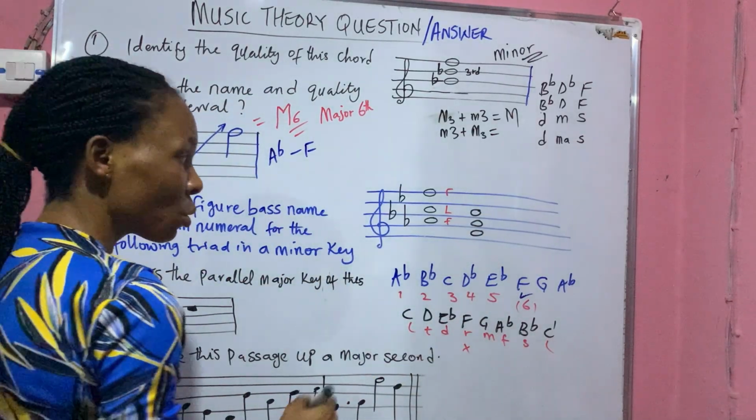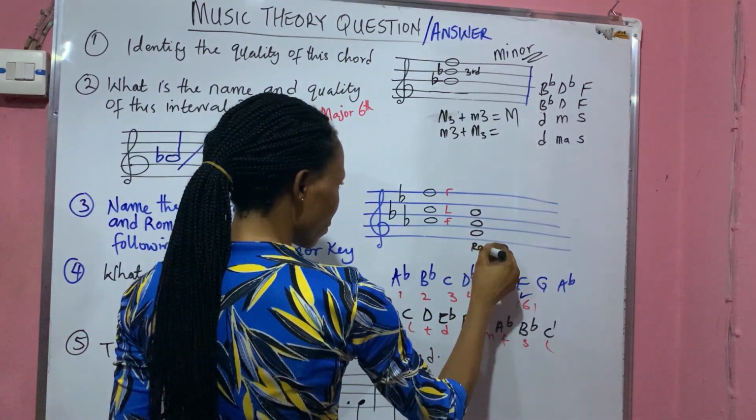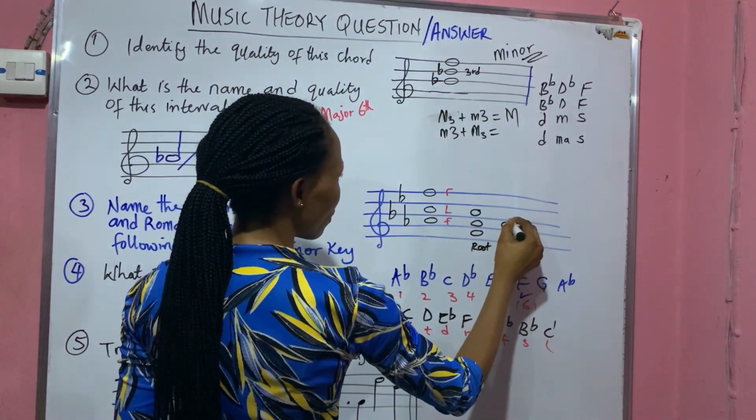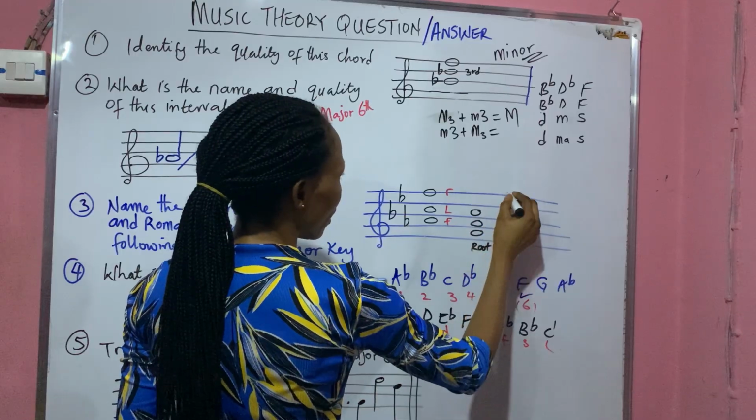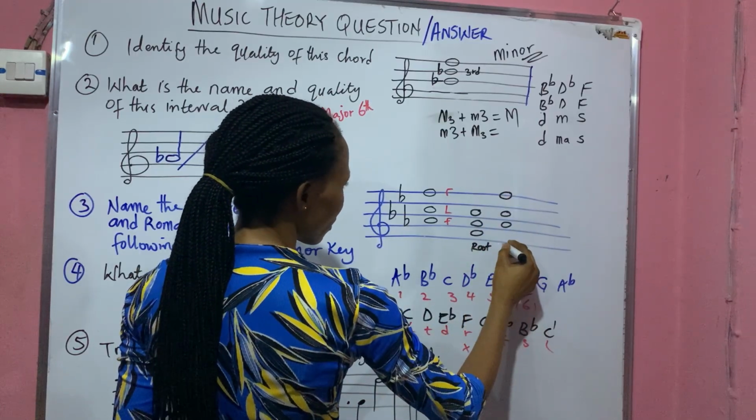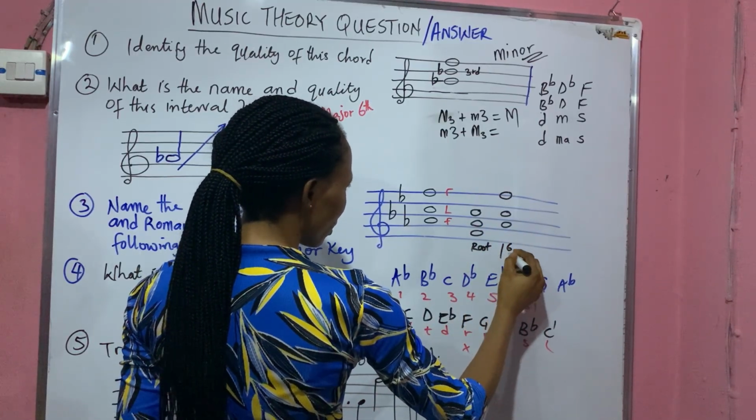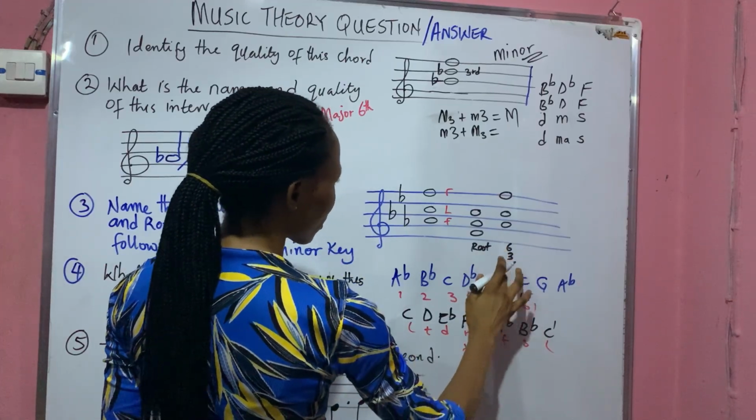That is root position. But now let's see if it is this and this. So that is first inversion.